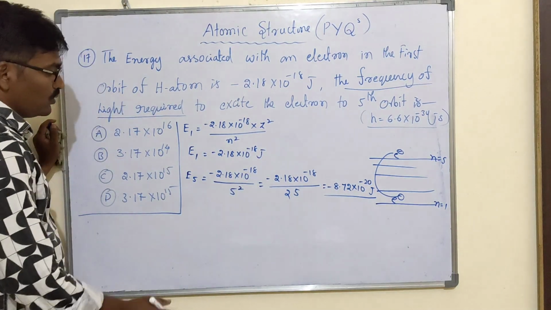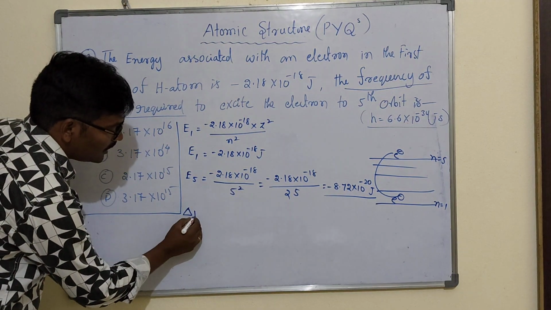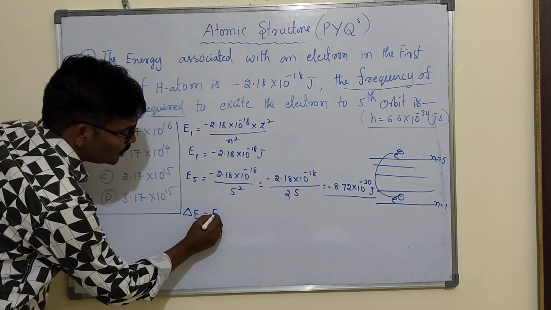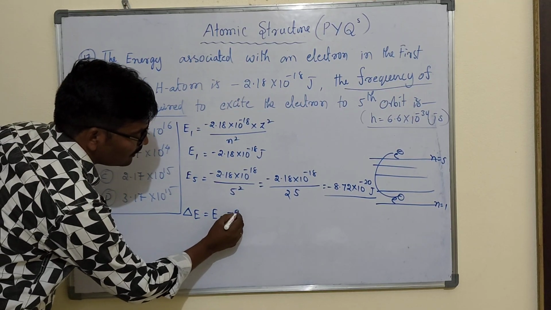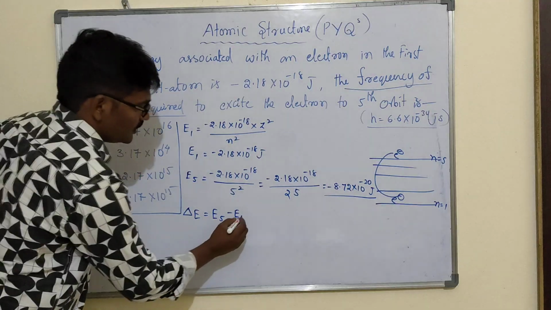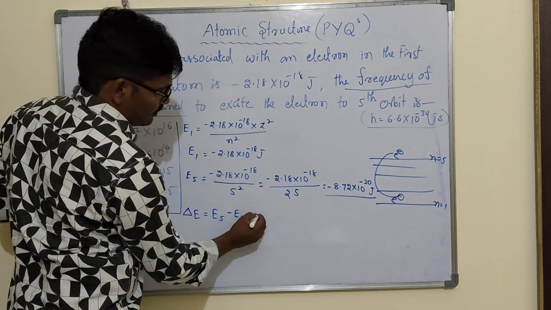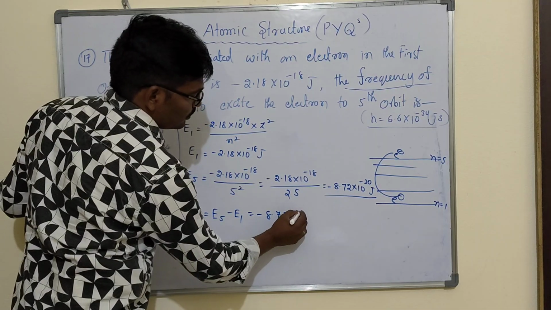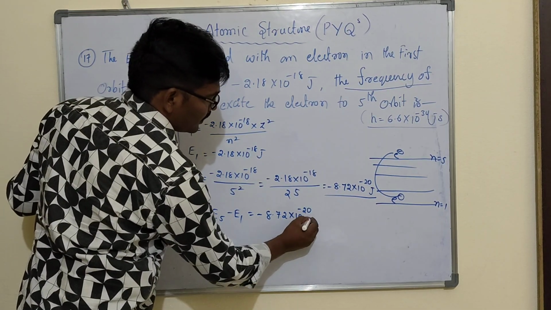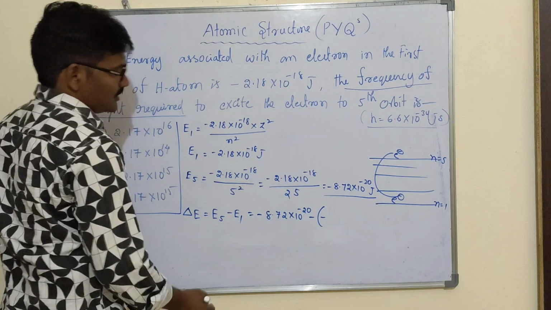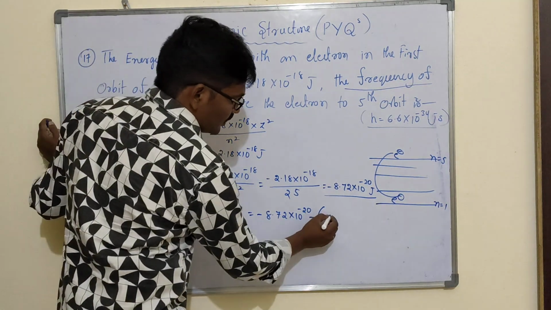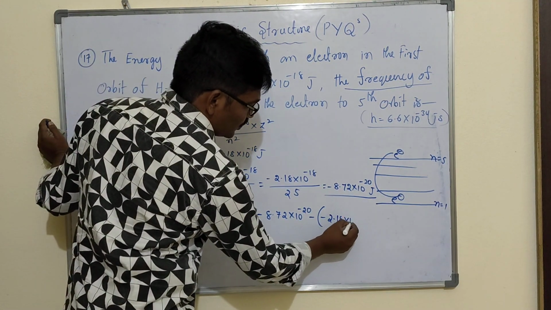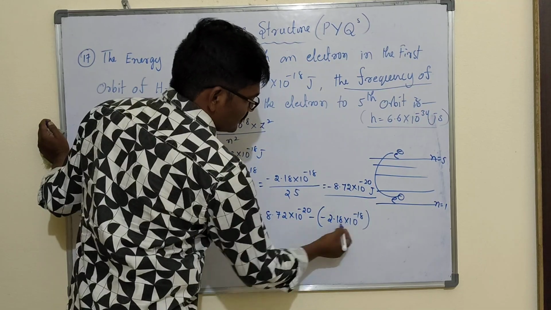Now the change in the energy gap, delta E, equals E5 minus E1. E5 value is minus 8.72 into 10 to the power of minus 20, minus of minus E1 value, 2.18 into 10 to the power of minus 18 joules.